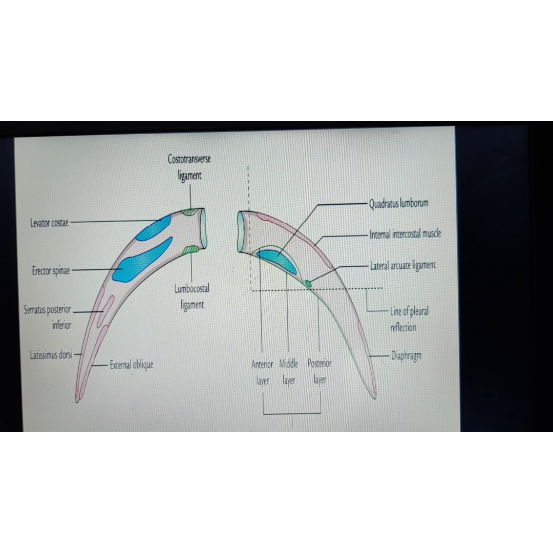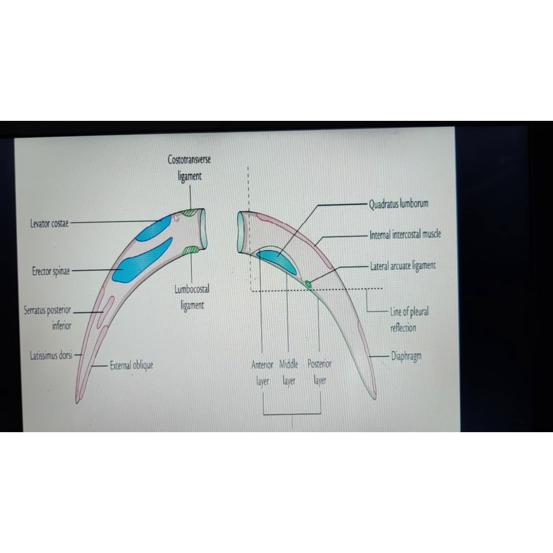In between these two, we also see the attachment of the serratus posterior inferior muscle. So these are the attachments on the posterior surface or the outer surface of the 12th rib.